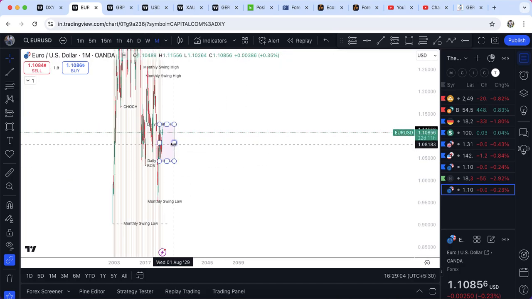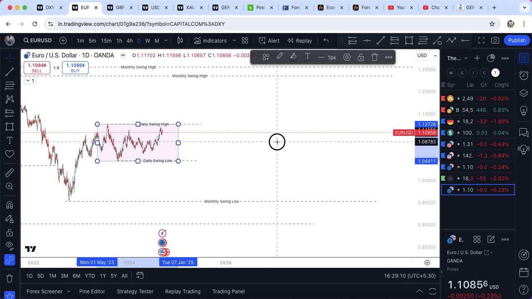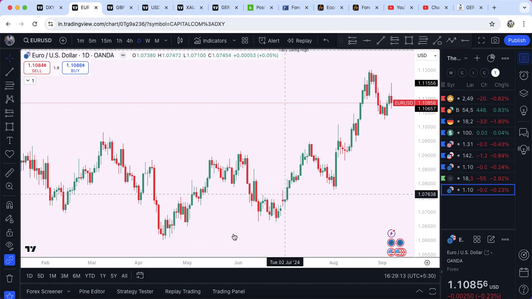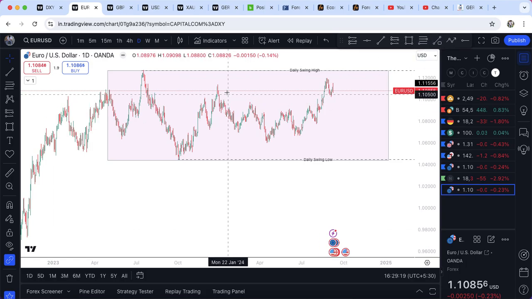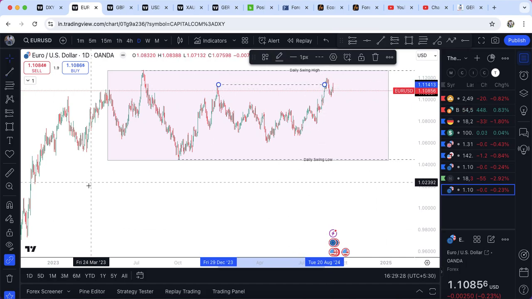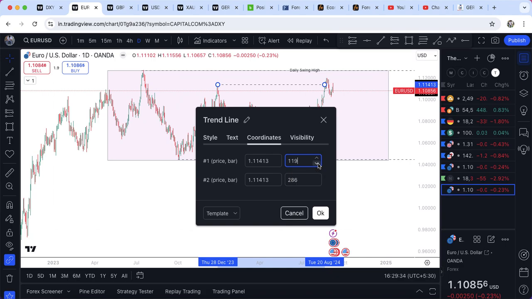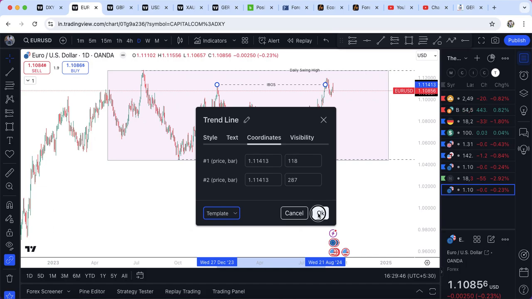Okay, let me just shrink this a little bit. So we've already marked out the high and the low. So this is a liquidity that it has already come to take out for the pullback phase. This high has already been broken, so I'm going to make it a high BOS because it's an internal trend.